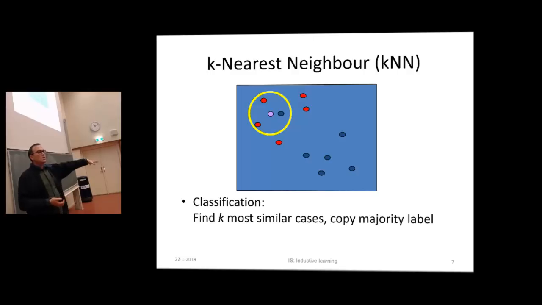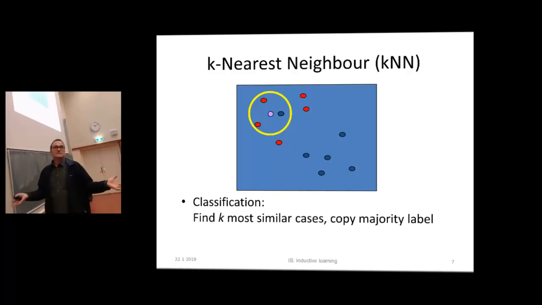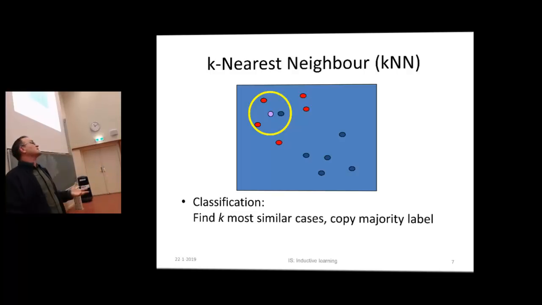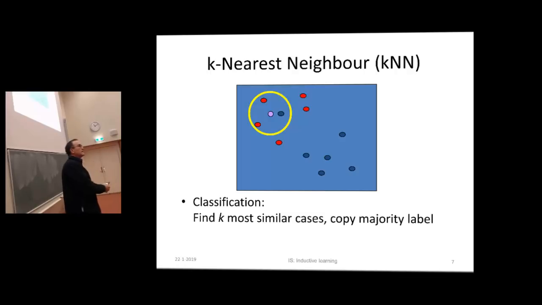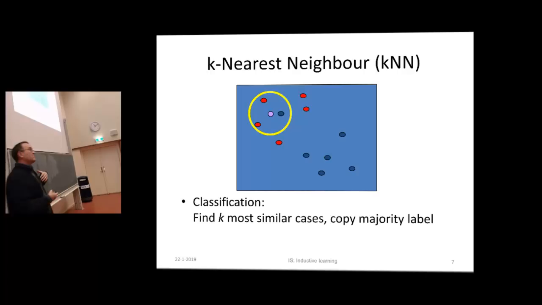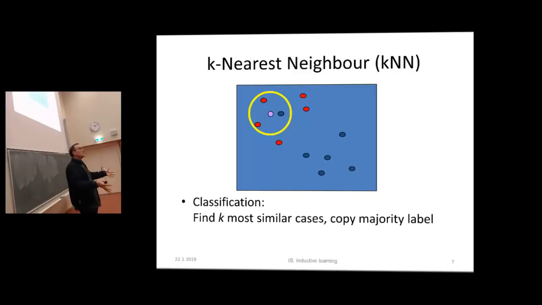So there is no model construction at the beginning of your algorithm. That's a different class of algorithms that do not construct a model based on previously seen data. Here, you need access to the data itself in order to do the classification, whereas if you do training and build your model, you can throw away your data. You don't need it anymore.